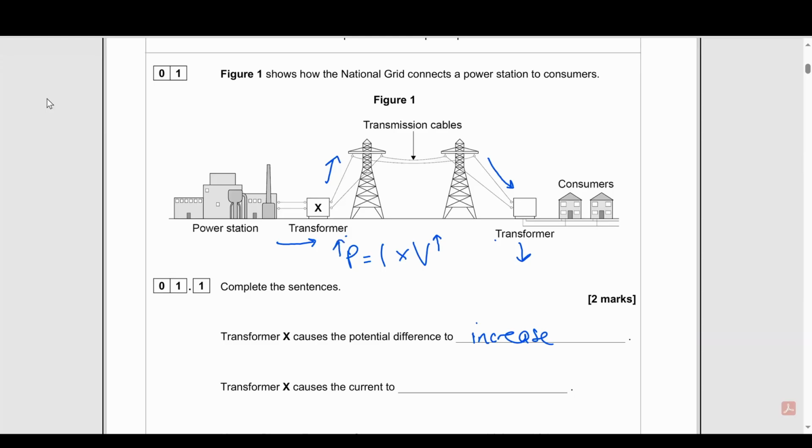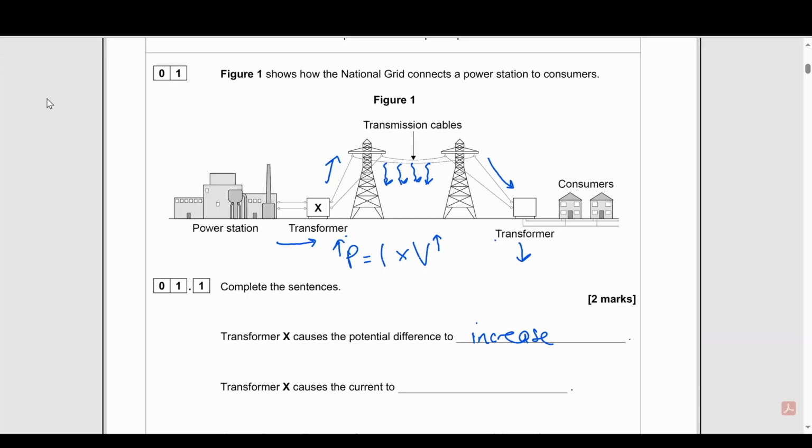However, if our current is already high, then the problem is that the energy will be transferred and wasted as thermal energy from the transmission cables. And that's something that we don't want, because we want it to be quite efficient, so most, if not all, of our energy is going to the consumers.